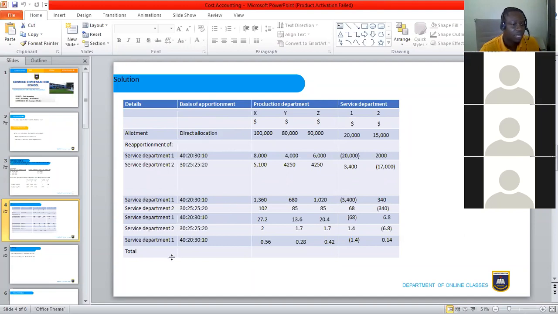Now, take note of this. In some questions, you may be given a clue as to how the apportionment should be done. Sometimes they may say that you should apportion your figures to the nearest $10 or to the nearest whole number.